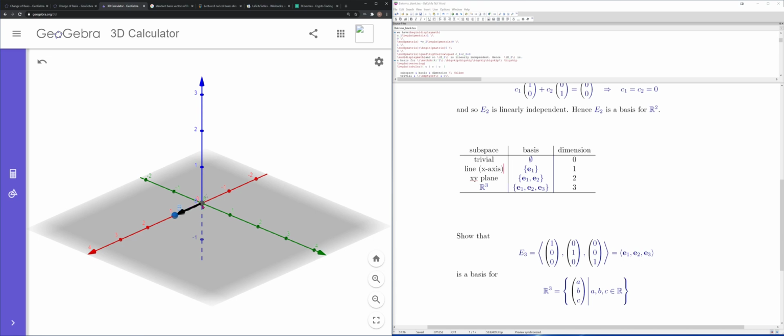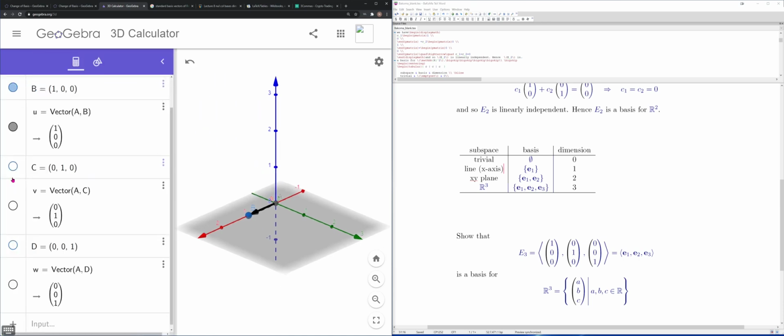Okay, so notice what happened. We had three vectors, E1, E2, and E3, that formed a basis for the entire three-dimensional space. Then I had two vectors that would form a basis for my xy plane.